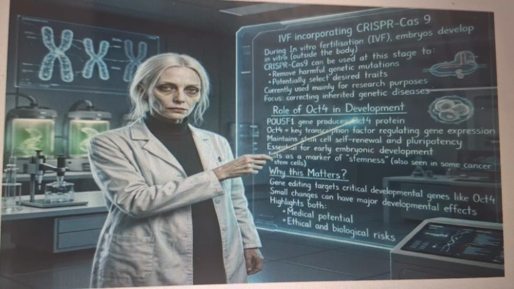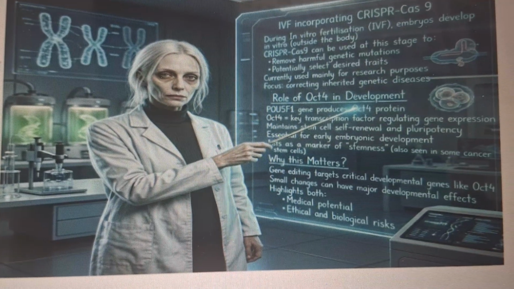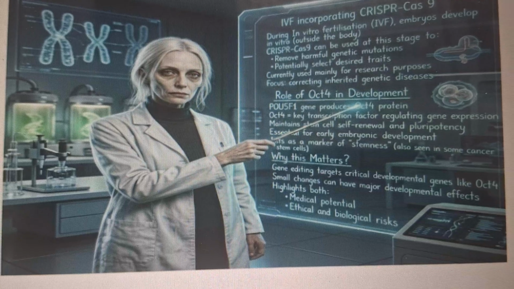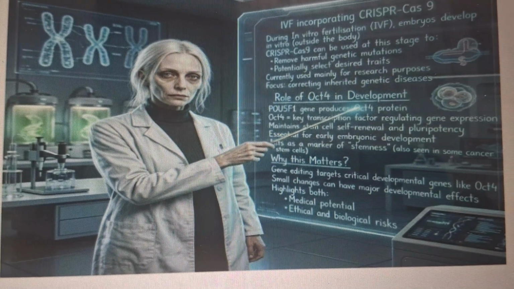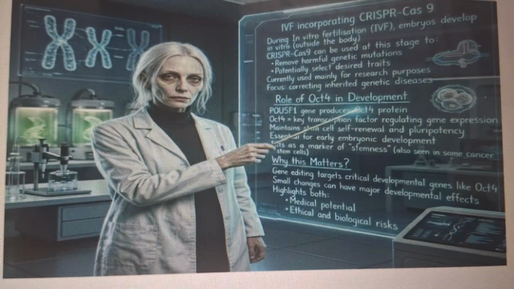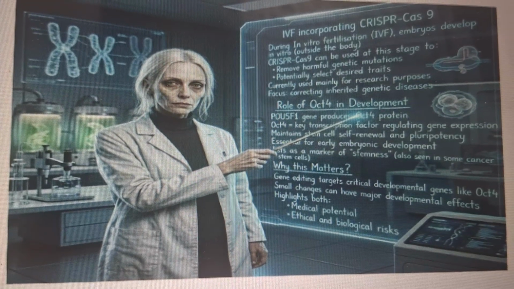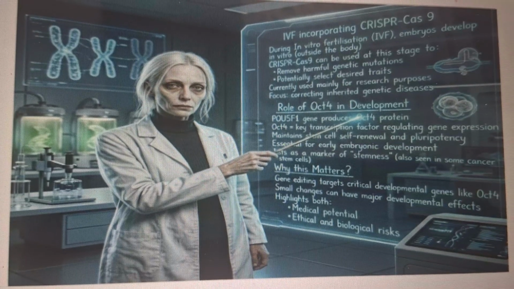The role of OCT4 in development. The POU5F1 gene produces OCT4 protein, which is a key transcription factor regulating gene expression and helps maintain stem cell self-renewal and pluripotency, which is essential for early embryonic development, and acts as a marker of stemness, also seen in some cancer cells.